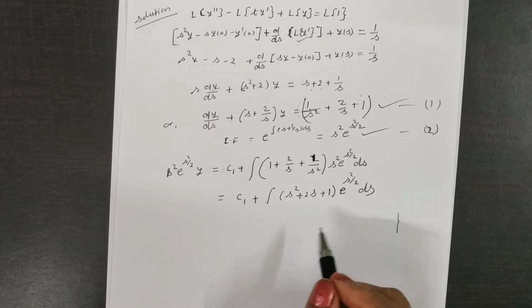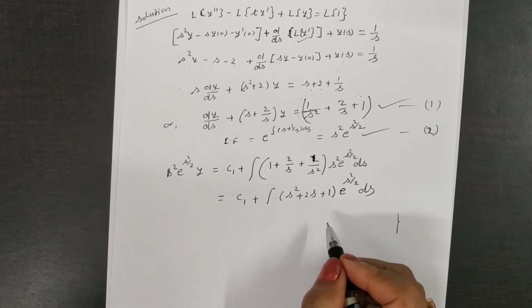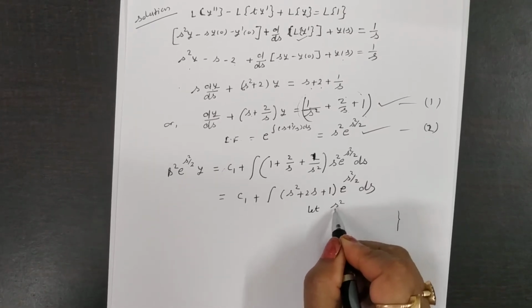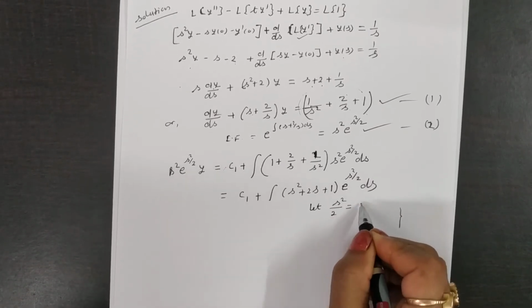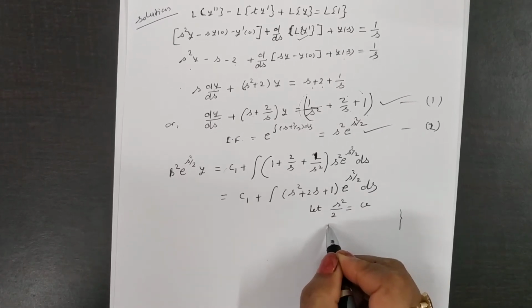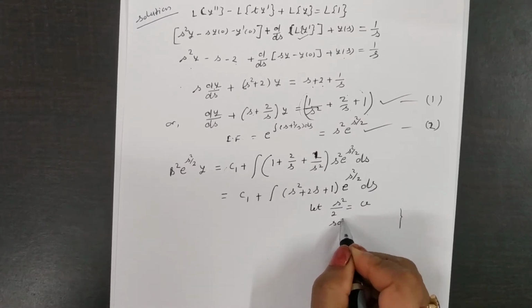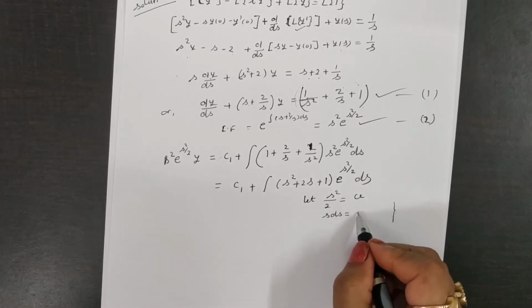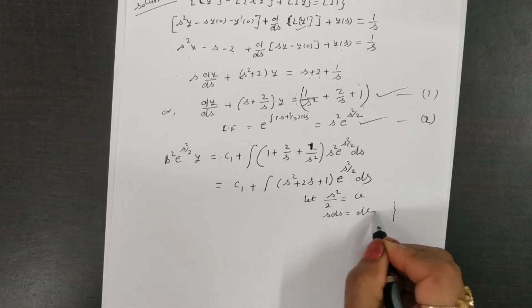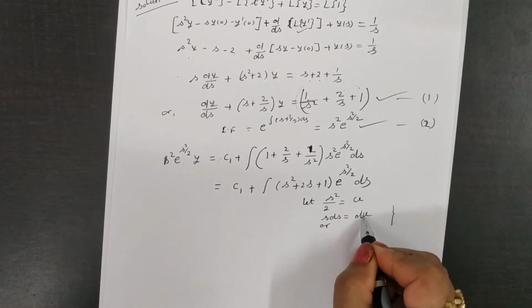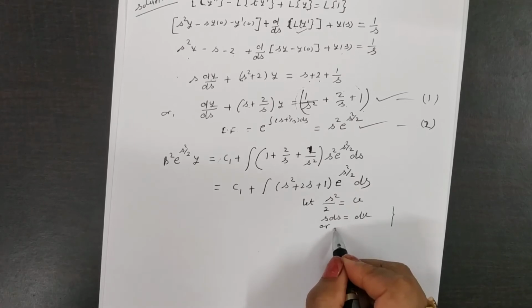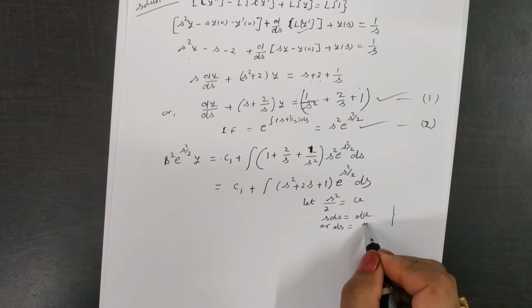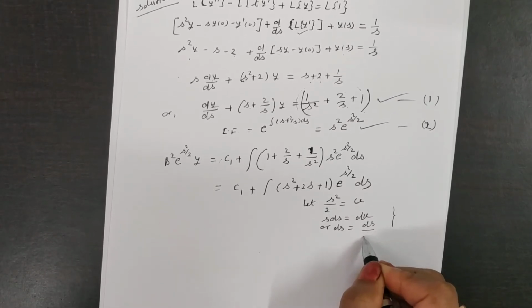This can be solved by parts: let s square by 2 equal v, so 2s ds by 2, that is s ds, is equal to dv, or you can say ds is equal to dv by s.